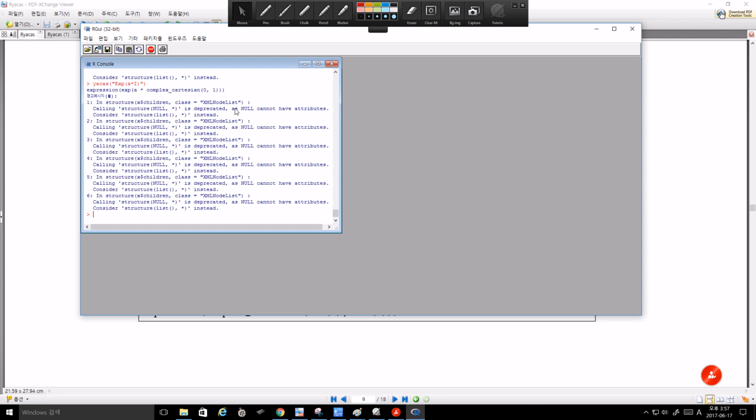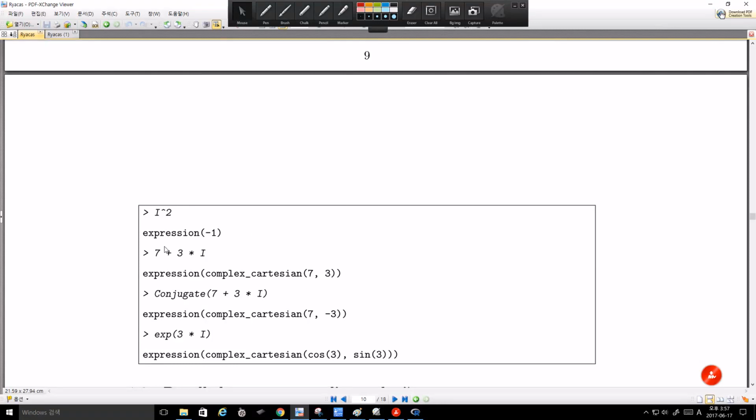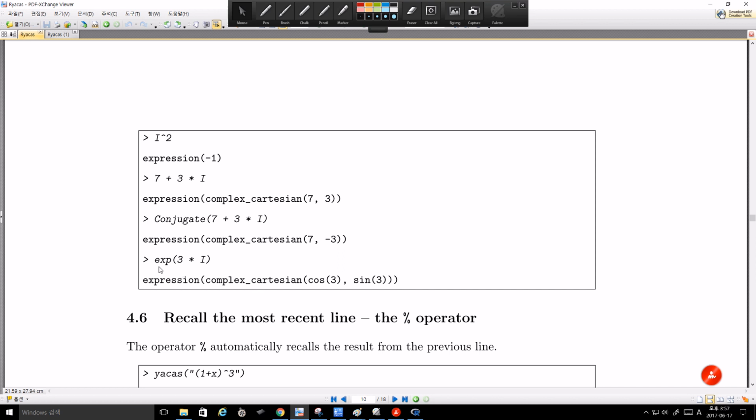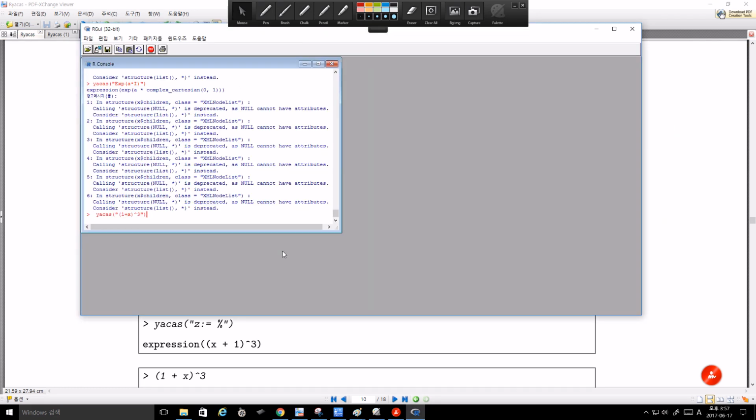You can change A, and then express A plus 0i in Cartesian form. It is a bit strange, but yes, let me skip this. And i squared minus 1, and we have this one, the conjugate number. And then exponent 3i, we have this one. Okay? And if we use this percent, it returns the most recent value.